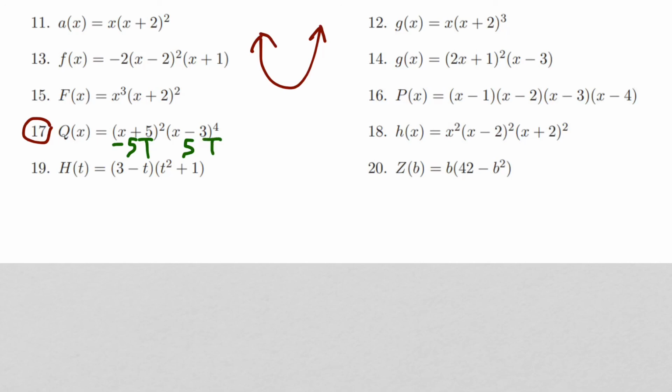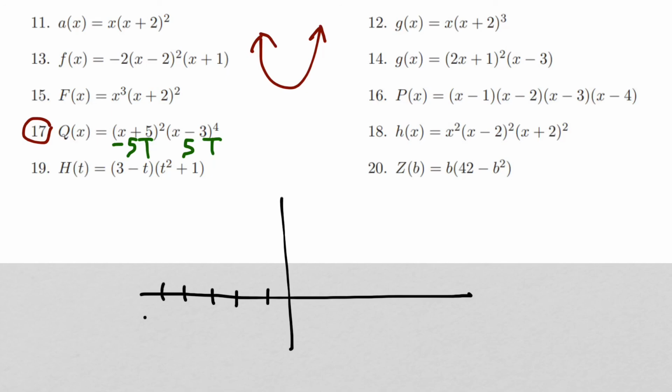Now let's see how that would play out if I try to make a sketch here. So first I want to put my zeros on there, so I've got a 0 at -5. Whoops, I made a mistake here. This is 3. And I've got a 0 at 3.